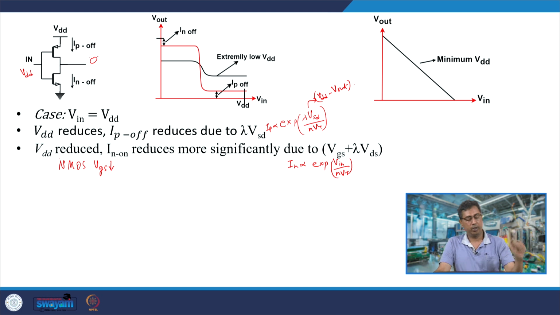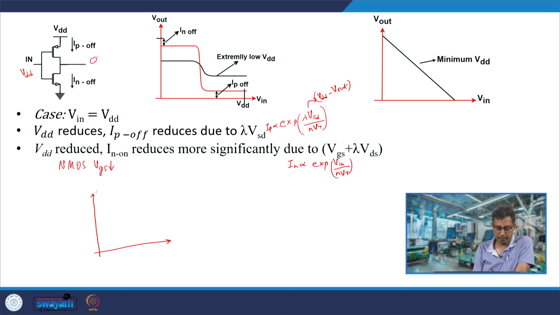So, as you keep on reducing VDD, you will find that the leakage current, okay, suppose you plot this. Suppose you are operating at this value of VDD and then you operate at this value of VDD.